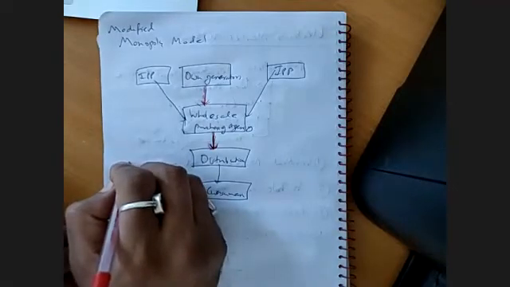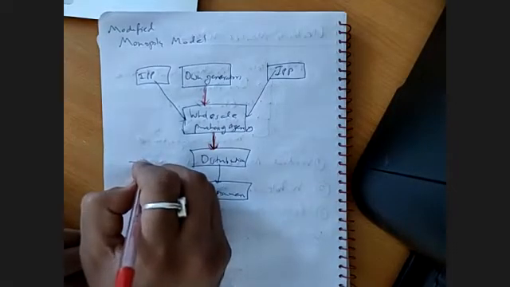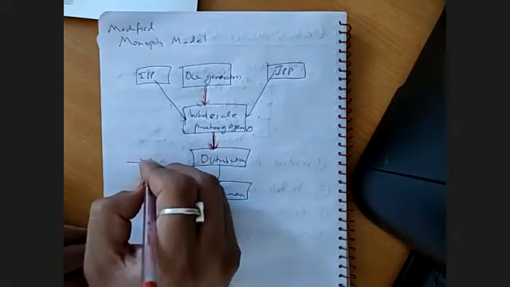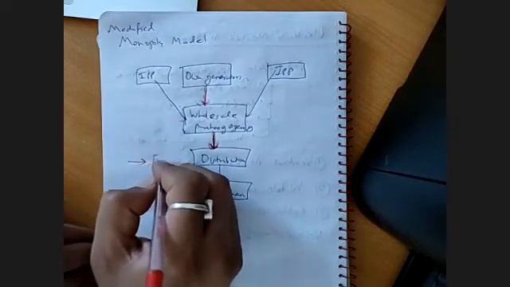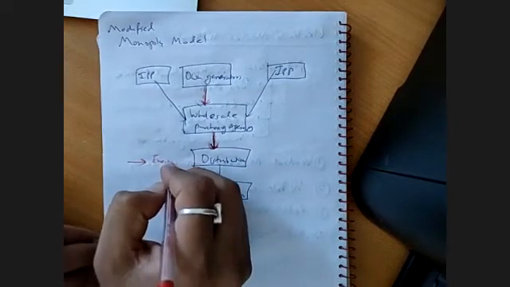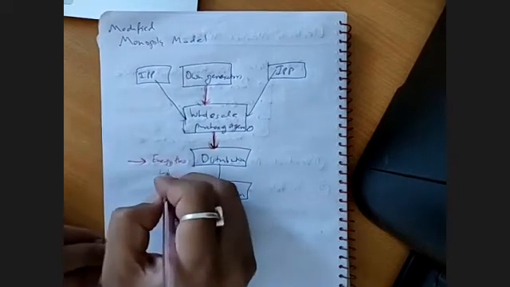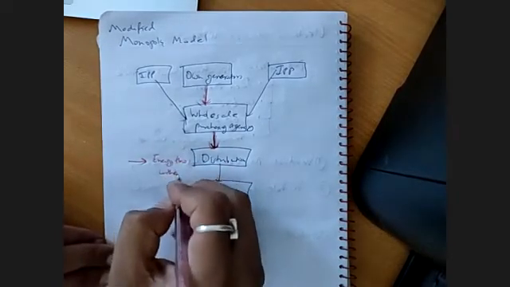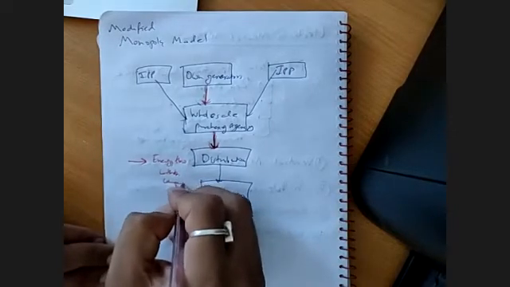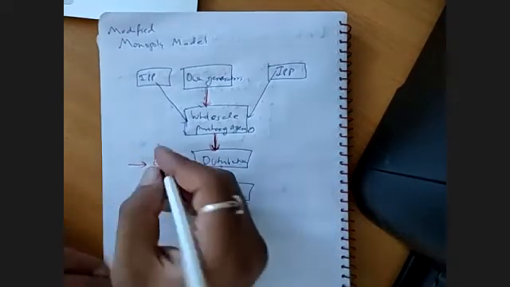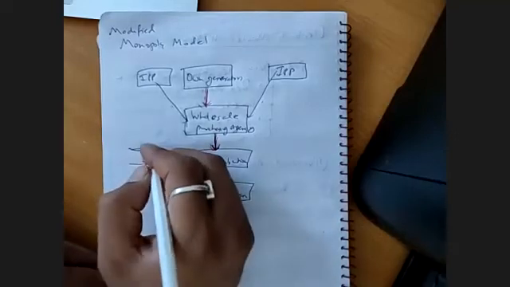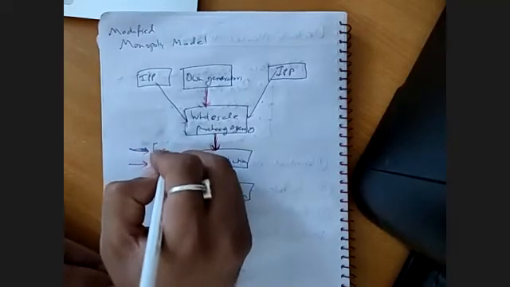So in this by red we are showing the energy flow within company, and by blue, we are showing energy sale.